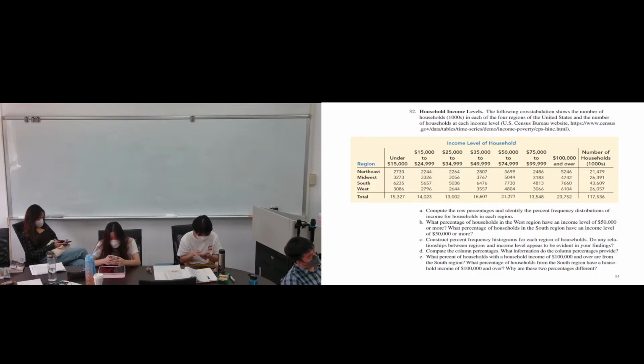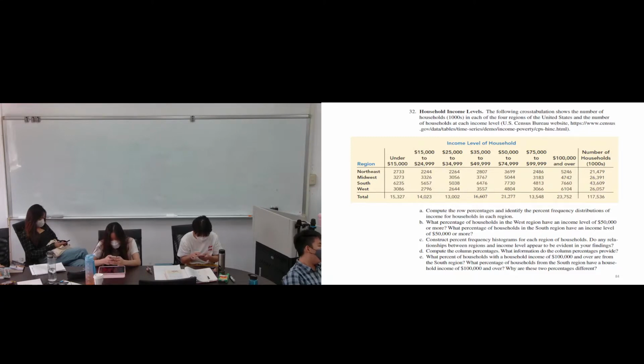B, what percentage of households in the West region have an income level of $50,000 or more? And what percentage of households in the South region have an income level of $50,000 or more? So these are two different questions.